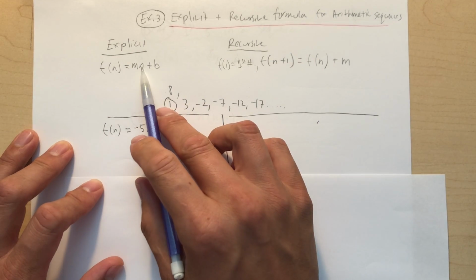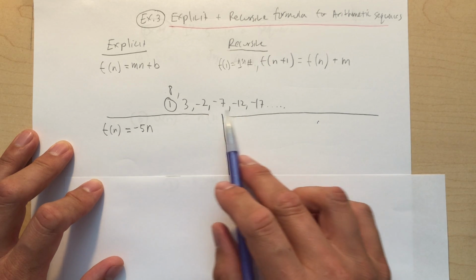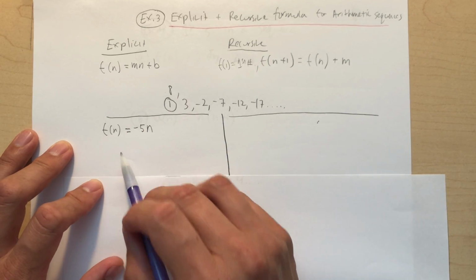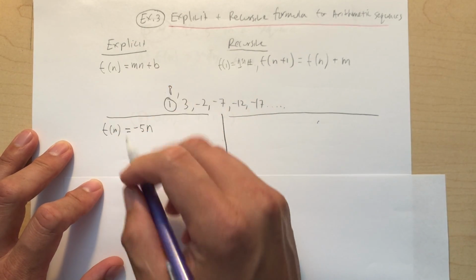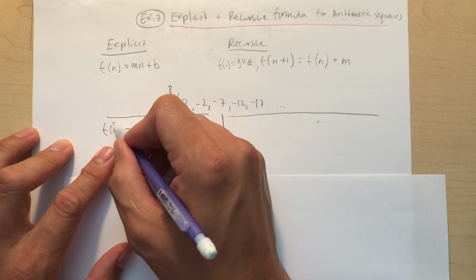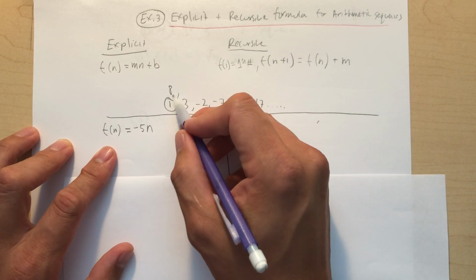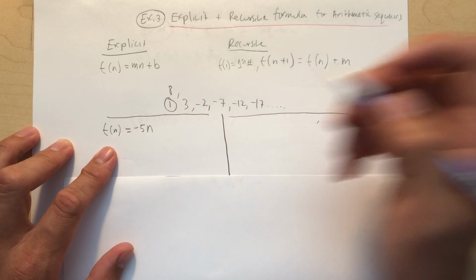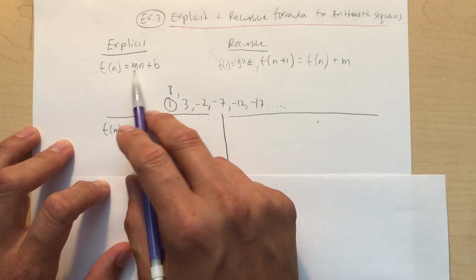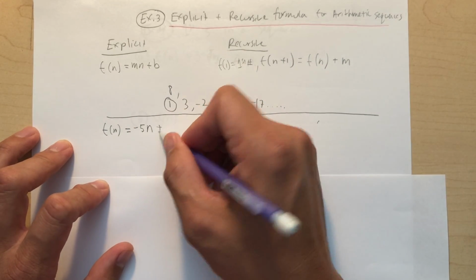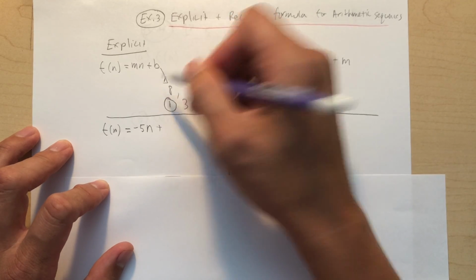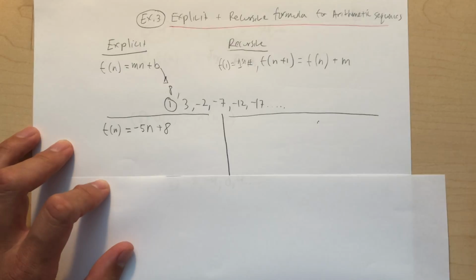Remember, this n here is one of these numbers; it tells you which term you're at. You start with 1, and the first number would be a 3, so you put a 3 in there. Then plus b, and remember, b is the before number. So it's 8, and that's my equation right there. It's actually really that easy.